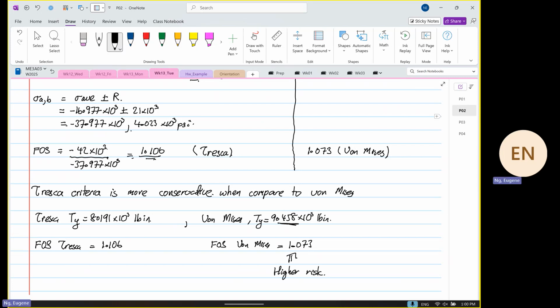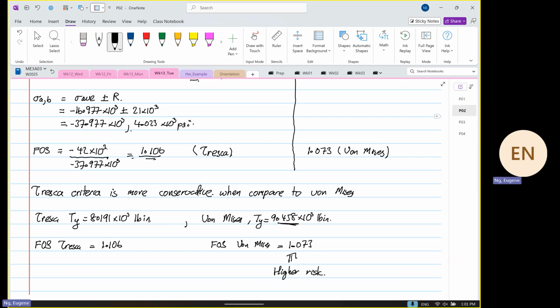Are we clear? When you apply the von Mises criteria, we are in a domain of higher risk. So when to use what? In the industry, it depends on the application.